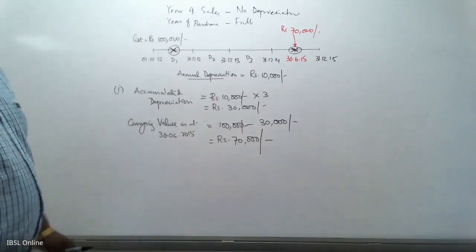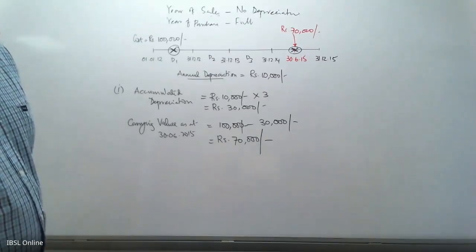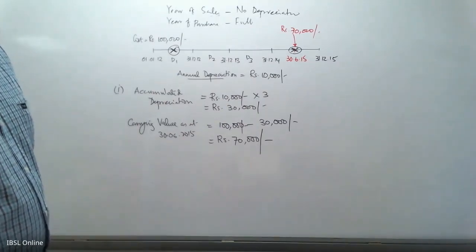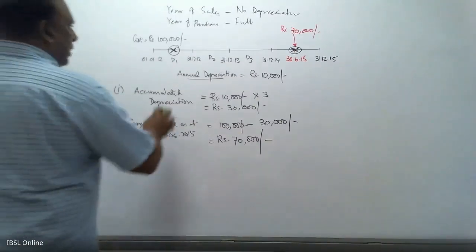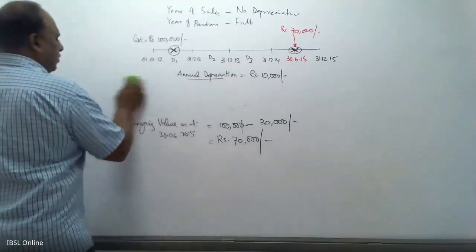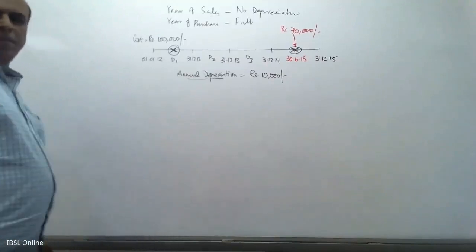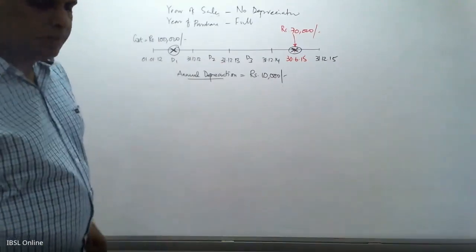Okay. So the second part, where the machine has been sold for 70,000 and you are required to draw up the disposal of fixed asset account. As you know, we have to draw up the T account.